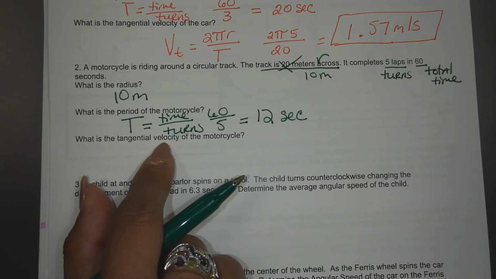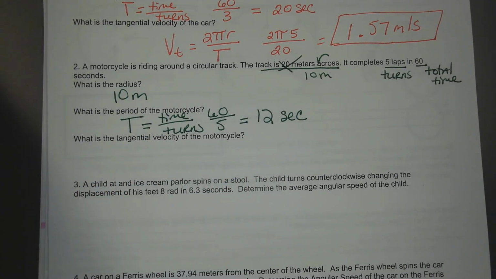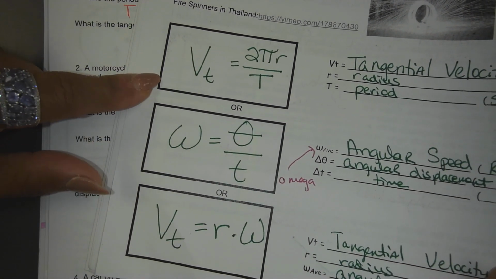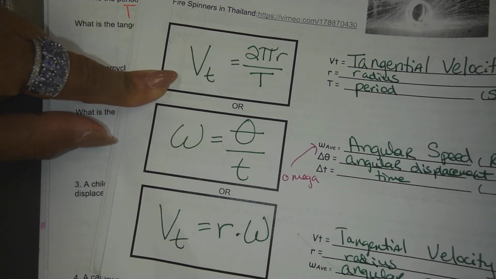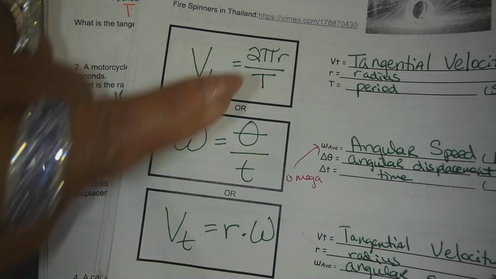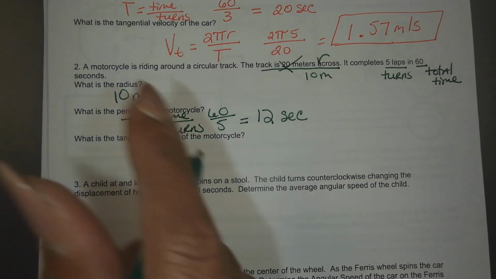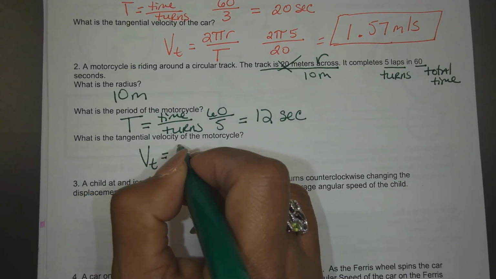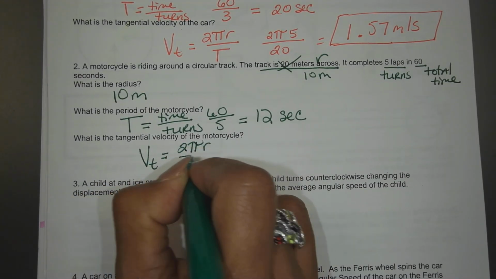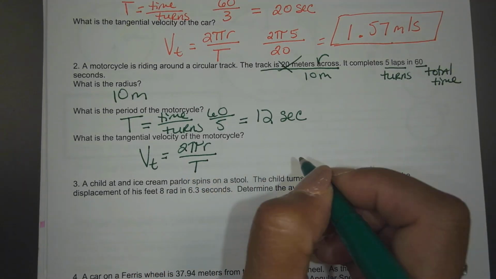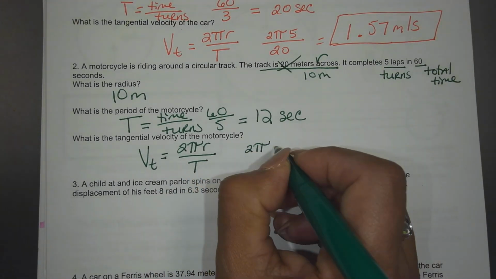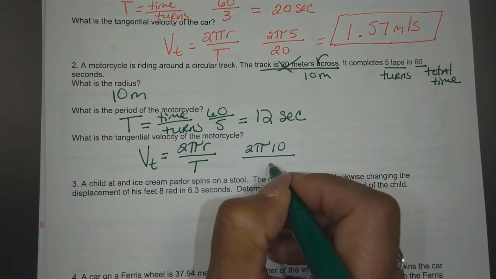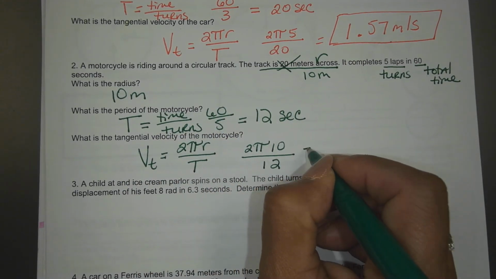The tangent velocity. Now remember, you've got 3 equations over here that you can use, but our number one go-to, or our easy one, is the 2 pi r over period, which is great for us because that's the information we have. So tangent velocity, which is 2 pi r over capital T, or 2 pi, we got r of 10, not 20, and our period was 12 seconds.